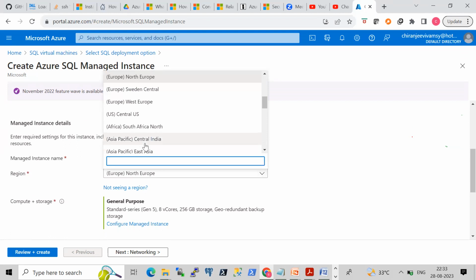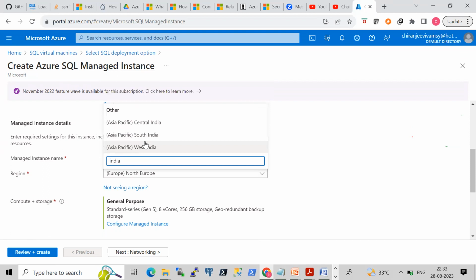Getting the point? So it is not there in all the regions for the moment. That is one more thing you have to remember. If I wanted to go with Central India, that is not there. Even West India, I think. What is that option? South India? Okay, South India.